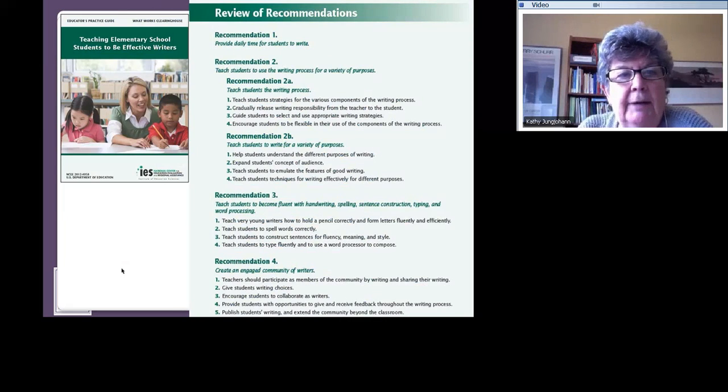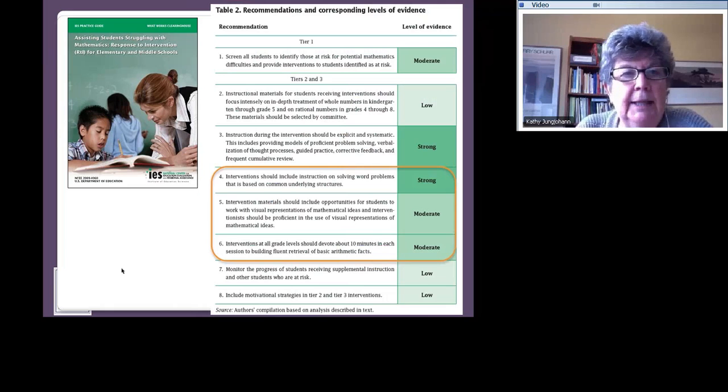There's a practice guide related to teaching students to be effective writers, teaching the writing process and other component skills of writing. In the area of mathematics, the practice guide for RTI mathematics for elementary and middle school has excellent recommendations, and the ones I've circled here relate specifically to instruction.